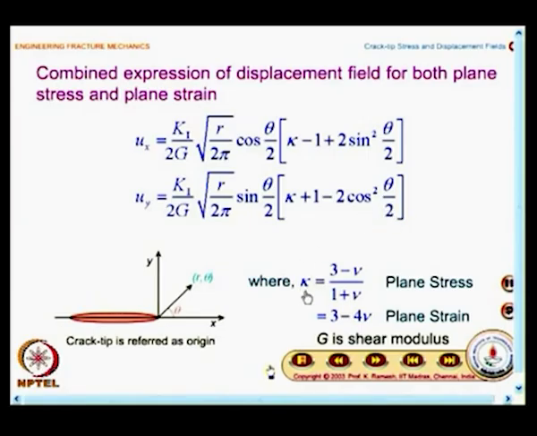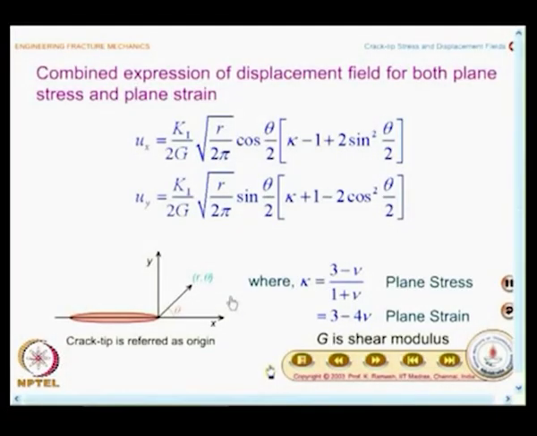where kappa is defined as 3 minus nu divided by 1 plus nu for plane stress. It is given as 3 minus 4 nu for plane strain, and G is the shear modulus. So, when you look at expressions like this, you should understand such expressions we have seen in the class.